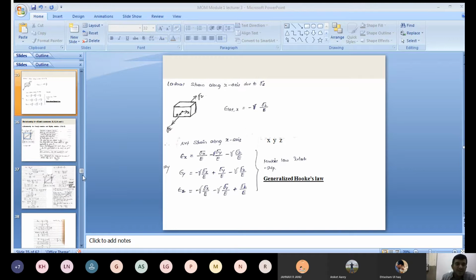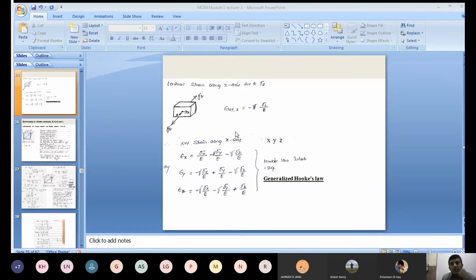Similarly, once you derive the net strain along x-axis, go and write the net strain along y-axis, epsilon y, and the net strain along z-axis, epsilon z. How do you write epsilon y here? Again, you use the xyz axes. If you want to write epsilon y, that is strain induced along y-axis, on that axis only the positive sign will come.